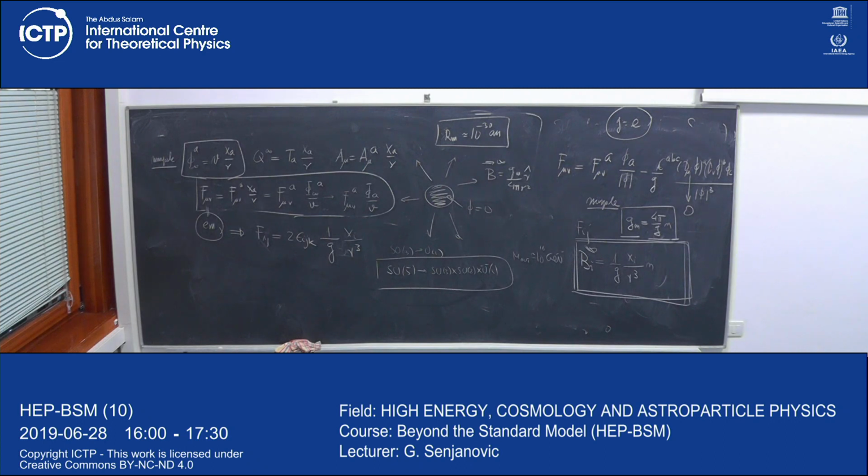This resulting group from breaking SU5, SU3 cross SU2 cross U1, can be the standard model group.